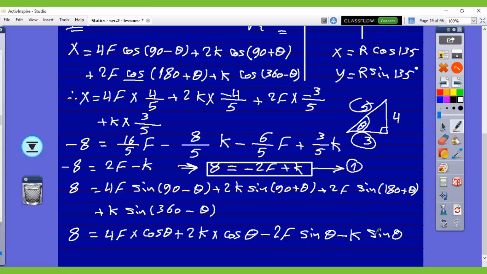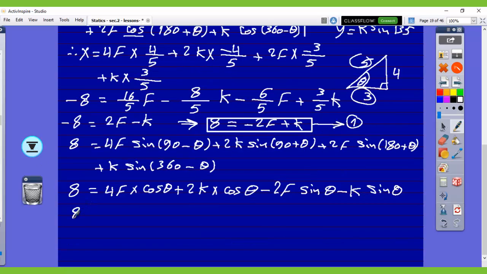And substituting sine theta and cosine theta from this triangle, we will get 8 equals 4f multiply cosine theta, it is 3 over 5.